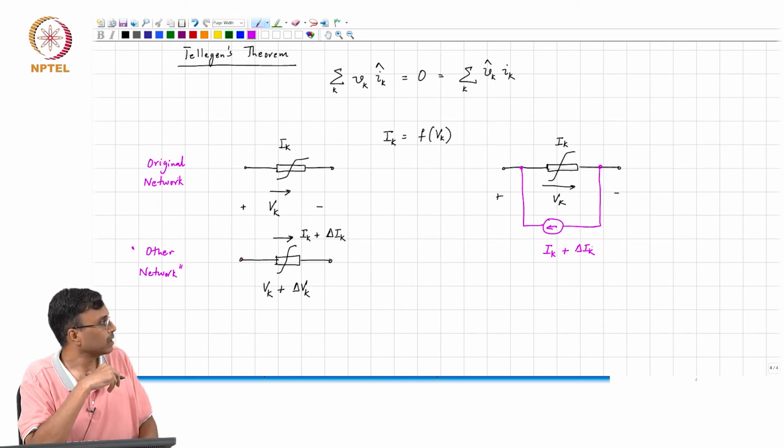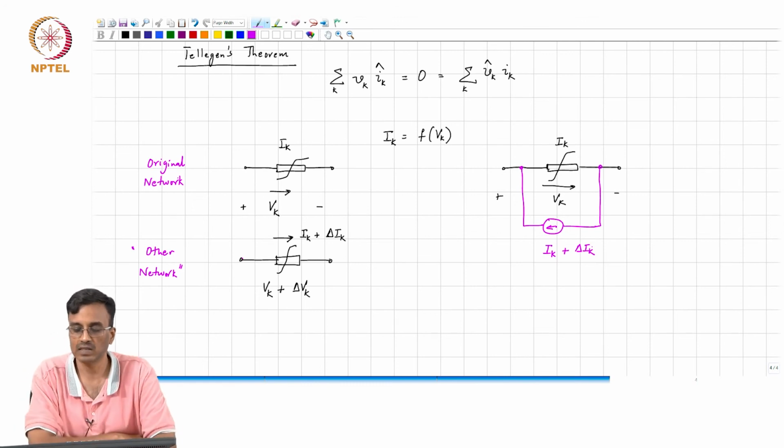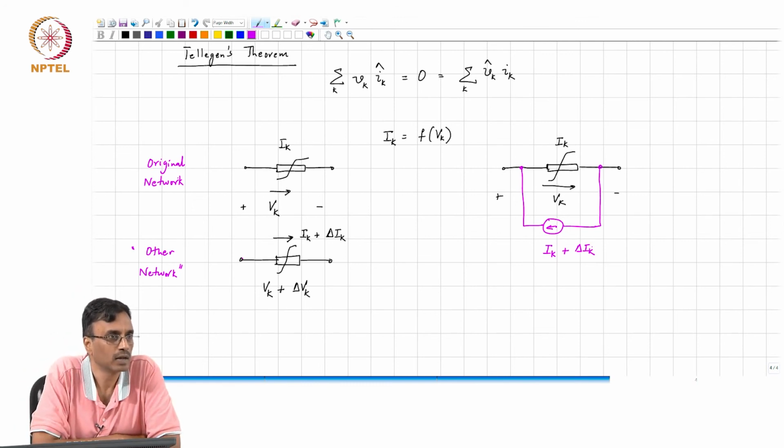Okay. Now, if I do this for every branch, what comment can you make about the branch voltages and branch currents in the original network? What comment can we make?